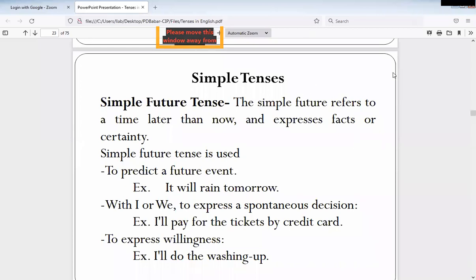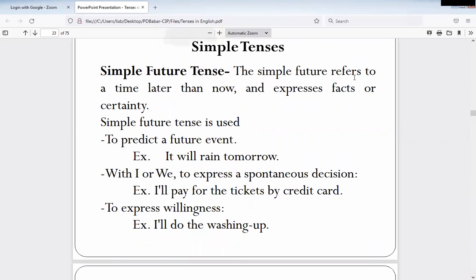Let's move towards the third type of the simple tenses, that is simple future tense. Let's see what the simple future tense is and in what situations we use it.